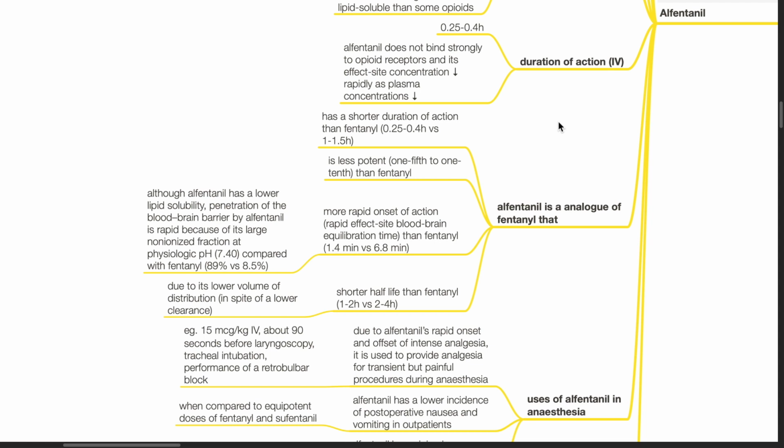Although alfentanil has a lower lipid solubility, penetration of the blood-brain barrier by alfentanil is rapid because of its large non-ionized fraction at physiologic pH compared with fentanyl, 89% versus 8.5% at pH 7.4. Alfentanil has a shorter half-life than fentanyl, 1 to 2 hours versus 2 to 4 hours, due to its lower volume of distribution in spite of a lower clearance.